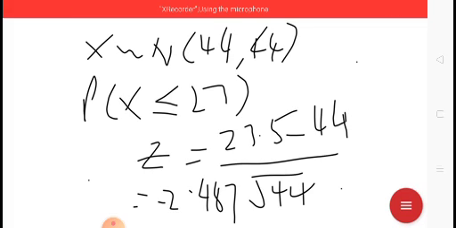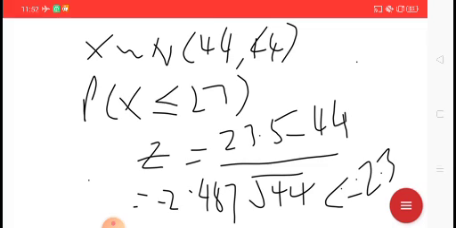This question is 1% significance level and the lower tail, so you look for 0.99. 0.99 means you have 2.3. So this value is less than negative 2.326, less than negative 2.326.